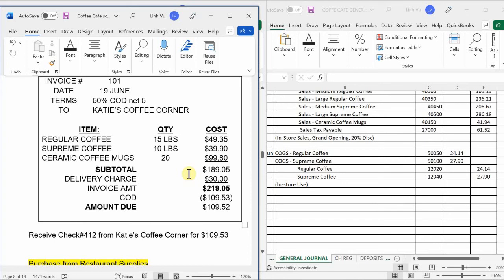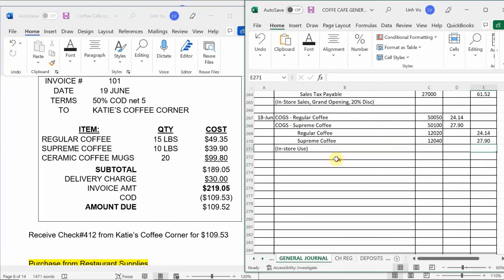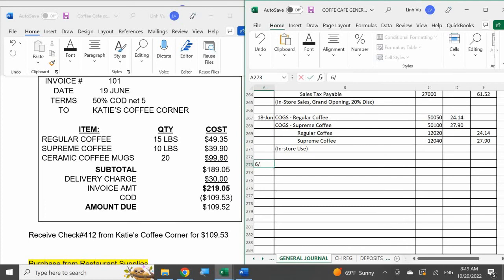Okay. So, how do we record this transaction? We're going to debit checking, because we received some money, right?